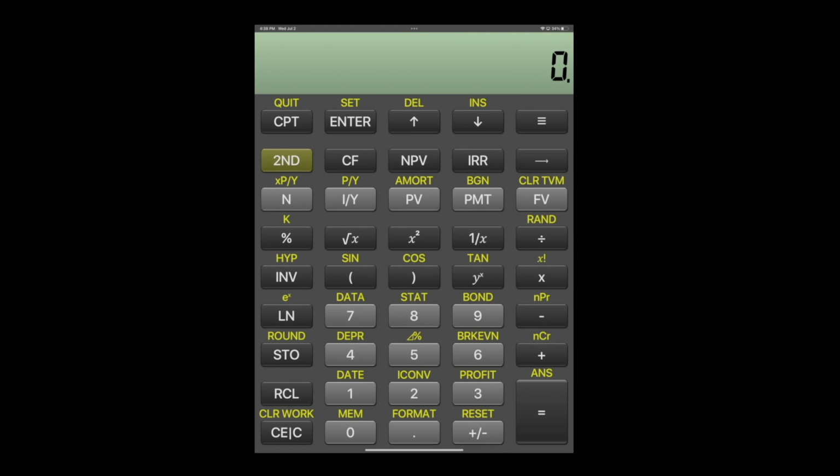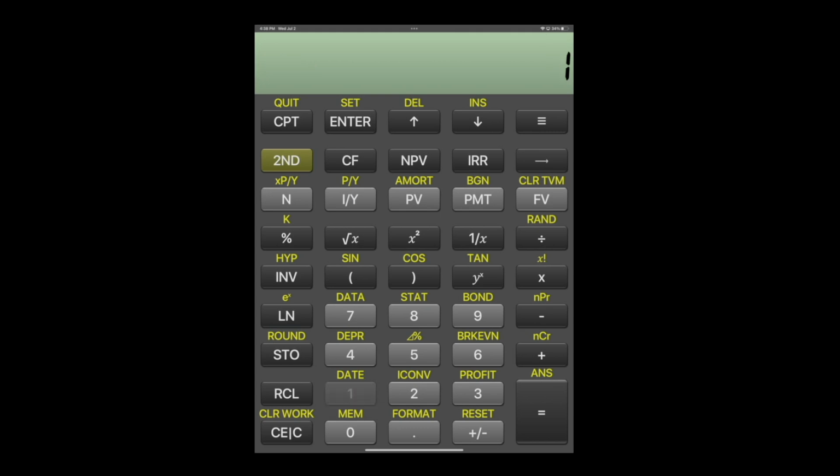So I'm going to show that to you, though, on the calculator. All right, so here we are on the financial calculator. We put in our 63,700, and that becomes our payment. We have no future value, so let's zero that out just to make sure that register is cleared.